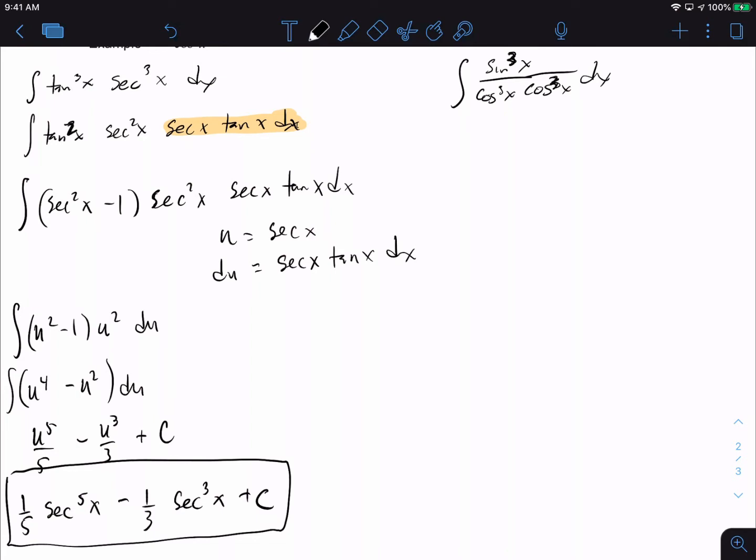So then what that's going to give me is sine cubed x over cosine to the 6th x dx. And how should we attack this? What do you think?